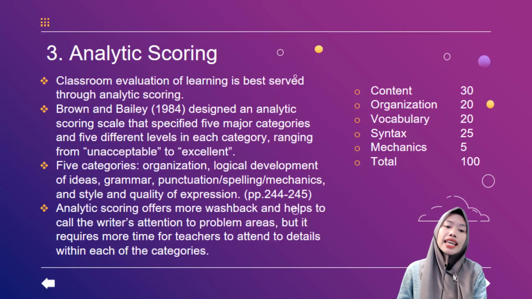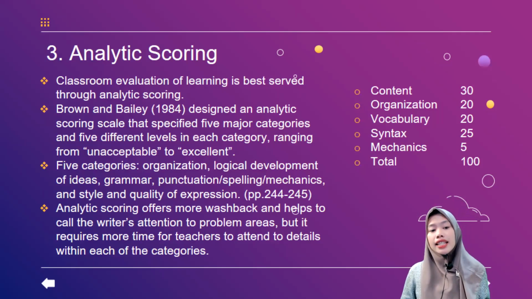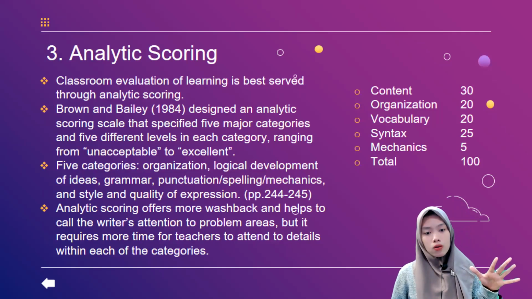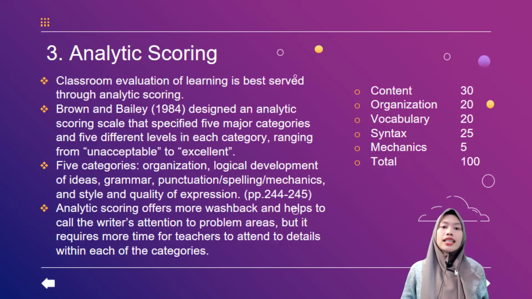Brown and Bailey in 1984 designed an analytic scoring scale that specified five major categories and five different levels in each category, ranging from unacceptable to excellent.